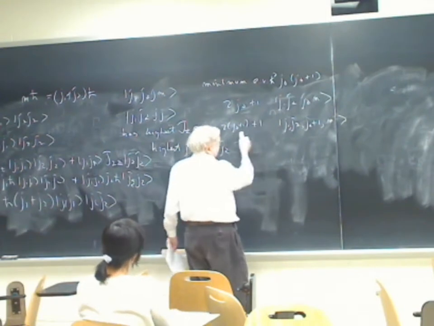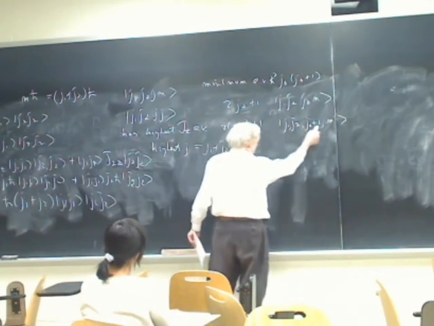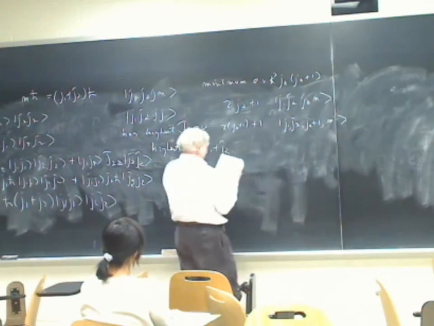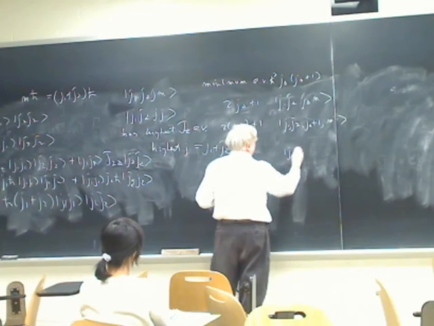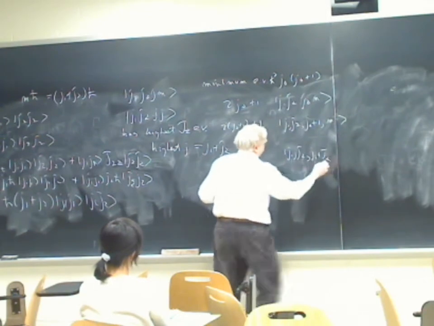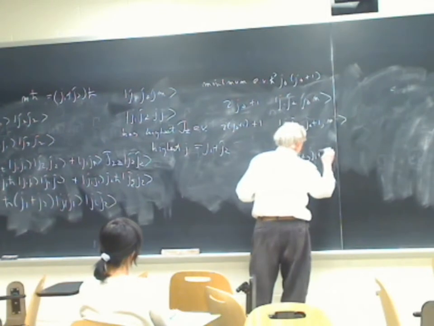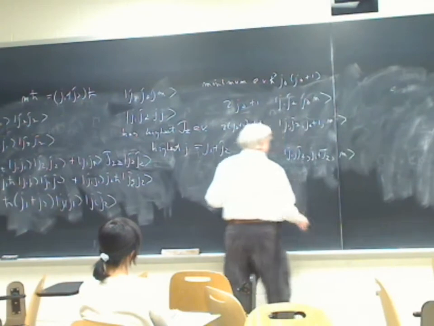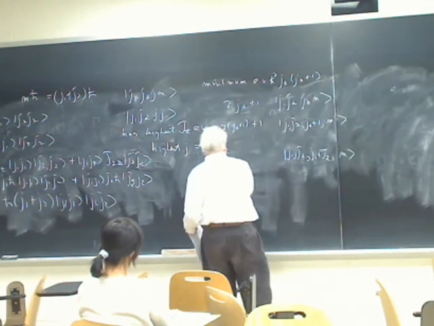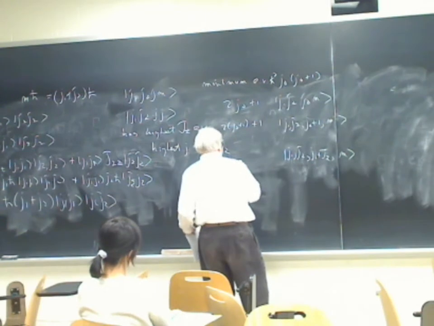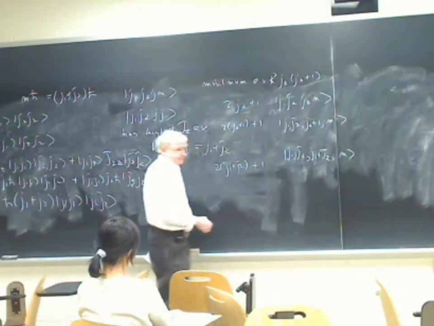So there are how many states here? Well, there are 2 J0 plus 1 states of that kind. And we go all the way up to the state J1, J2, J1 plus J2, J1 plus J2, and these then have 2 J1 plus J2 plus 1 states.